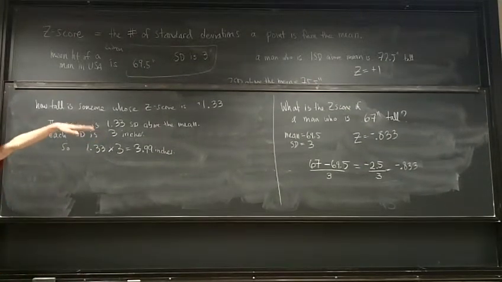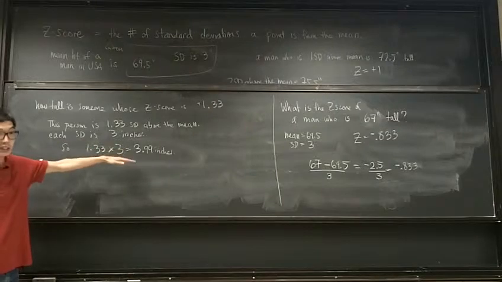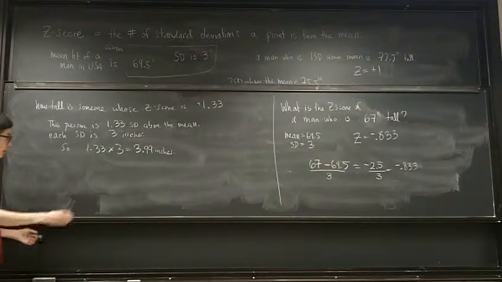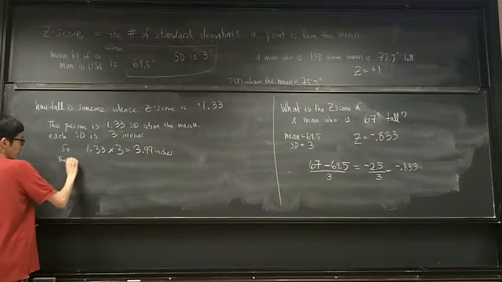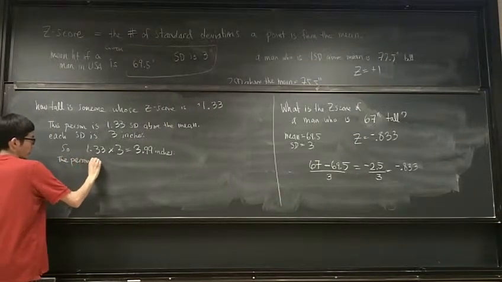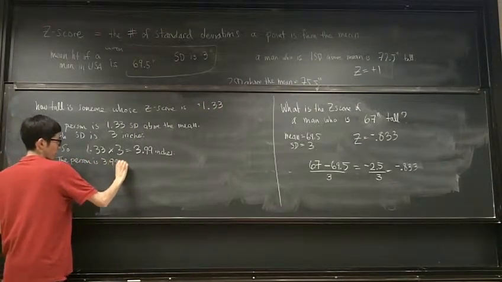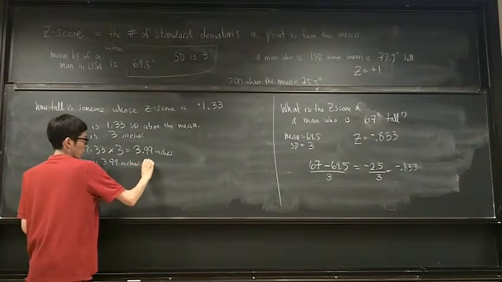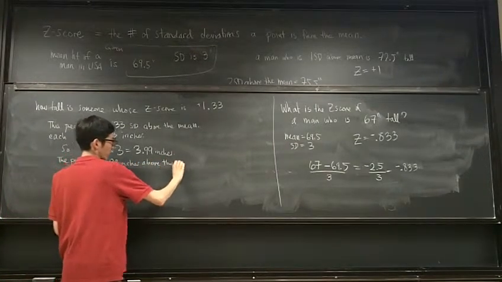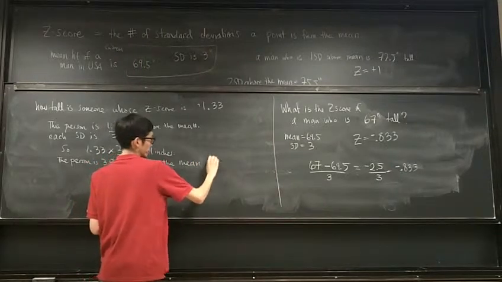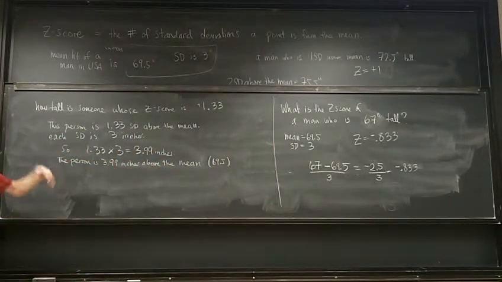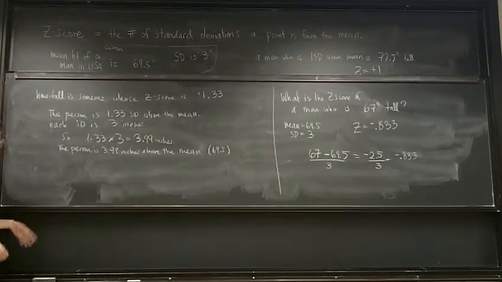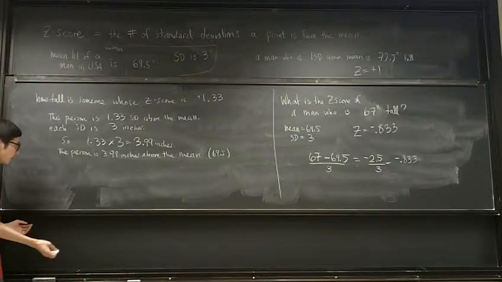So this person is 3.99 inches above the mean, which is 69.5. So I do 69.5 plus 3.99, which is 73.49, or basically 73.5, okay?